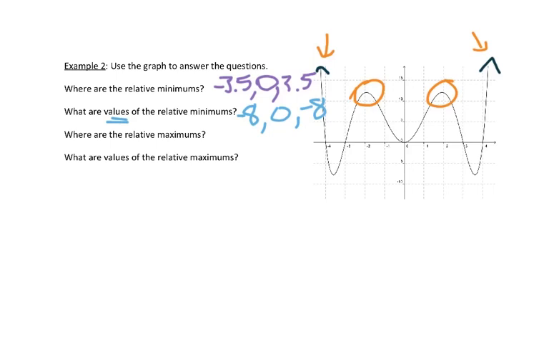So where are they? That again is our x value, so we'd follow it down. We get negative 2 and positive 2. And then the y value, the values again is the y value. So from here we go over, and it looks like we get 12 maybe. And then here we go over and also get 12.